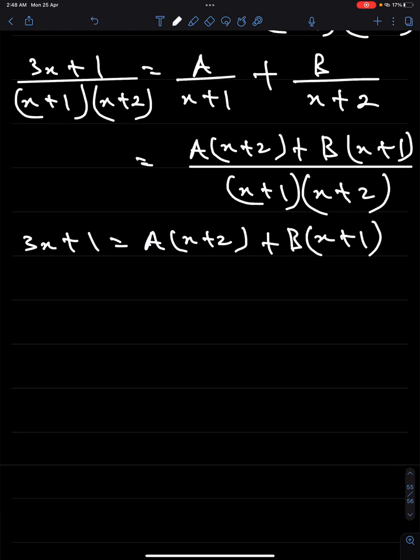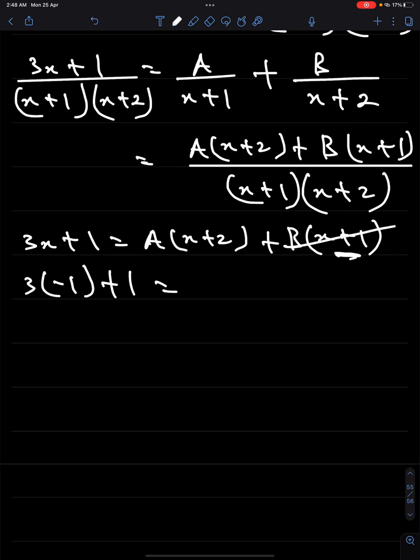Now if I put x equals minus 1 in this equation, on the left hand side I will have 3 times minus 1 plus 1, and on the right, this will become 0, because minus 1 plus 1 is 0.